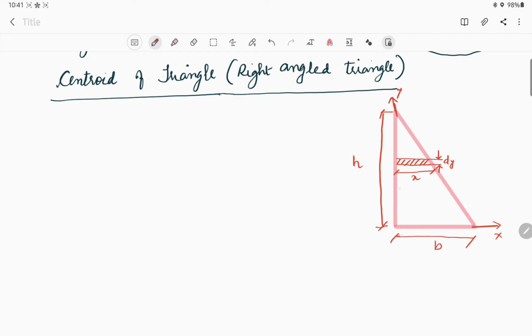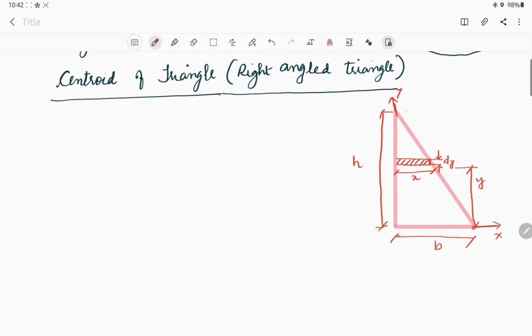Since this part is going in the x-axis, that is why we have assumed the horizontal distance as x for this strip, whereas the thickness is going in the y direction, that is why this particular distance we have assumed as dy. Now we assume that the strip is at a distance of y from the base.